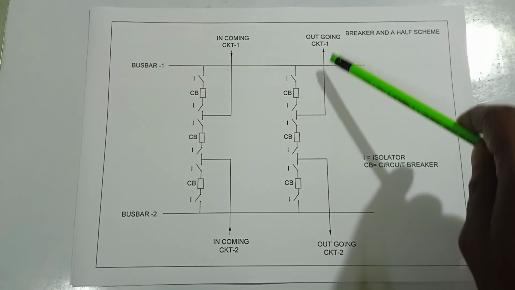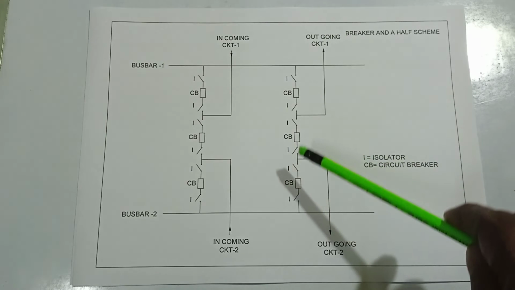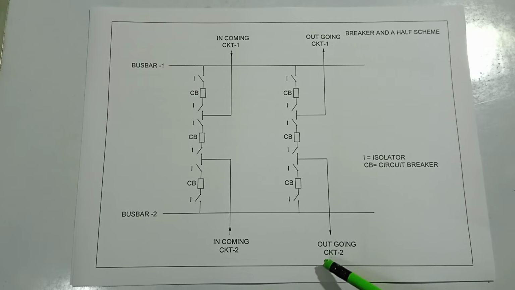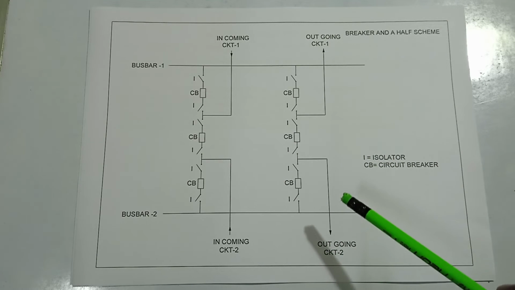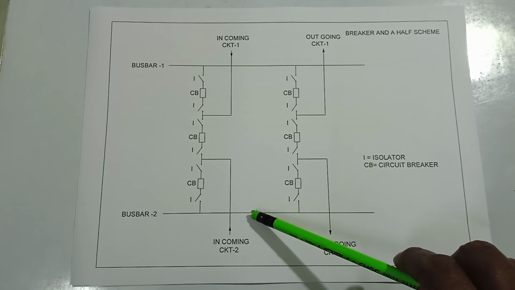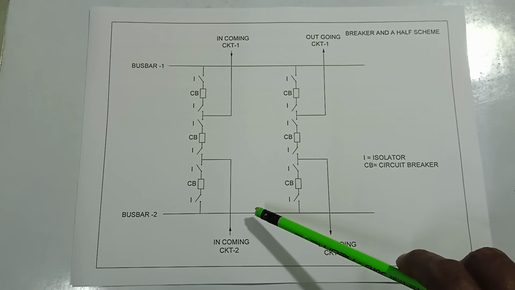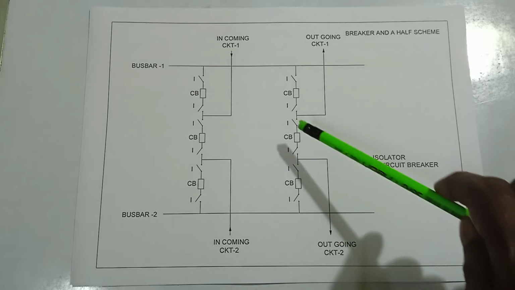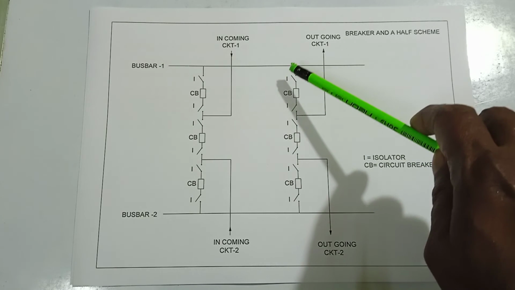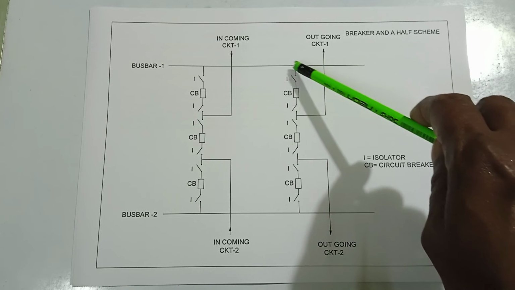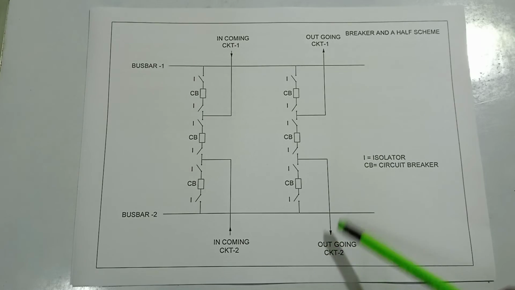In this way outgoing circuit 1, and in this way outgoing circuit 2. If there is a problem in any bus or the bus is dead, then the power also comes from this bus, from this line.